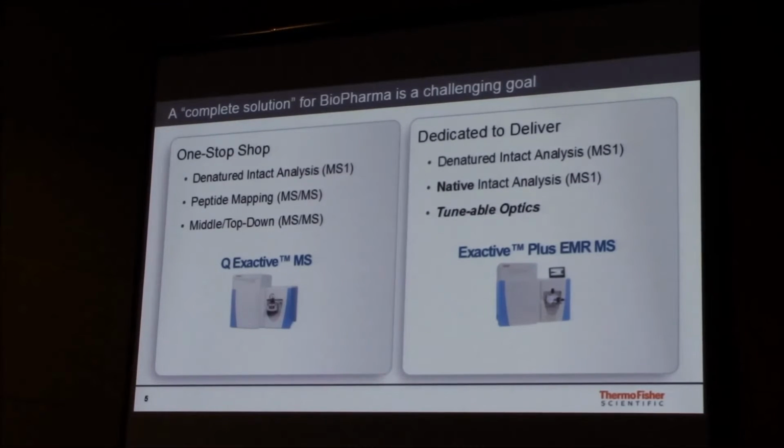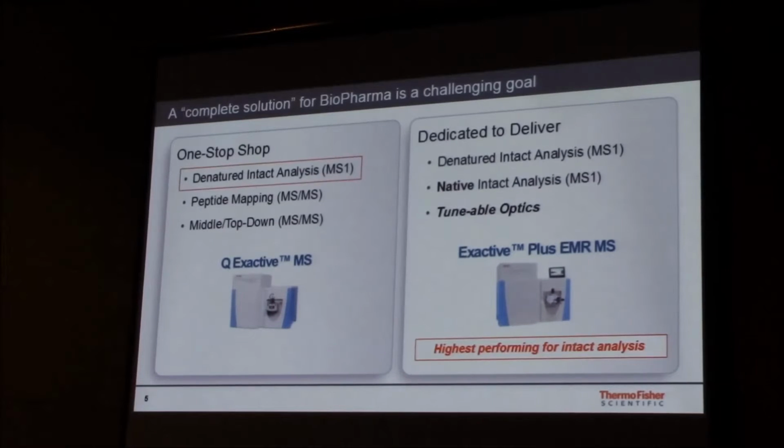So this lends itself well to peptide mapping, as well as top and middle down. For the intact analysis, though, we found after the introduction of the Exactive Plus EMR that it was the highest performing for intact analysis. Part of this had to do with the fact that we could access native conditions and perform these intact analyses in another way, which allowed us certain advantages.